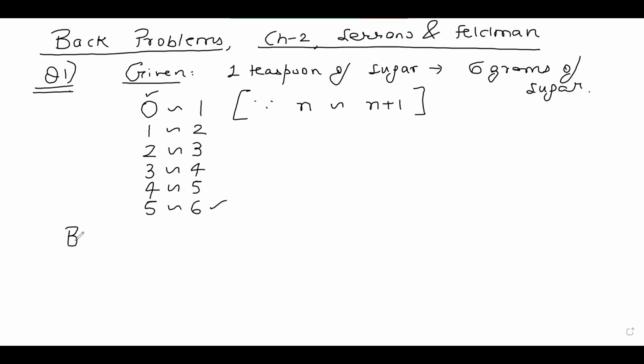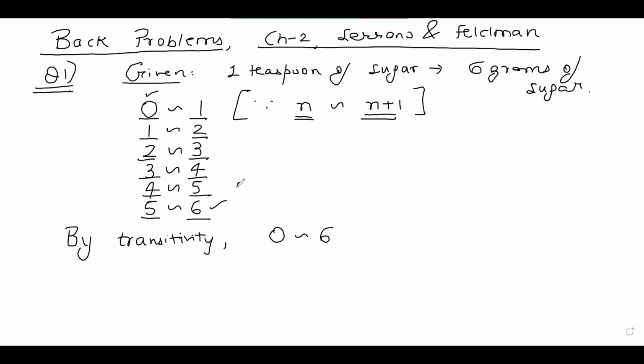So by transitivity, the consumer should be indifferent between 0 and 6 grams. We are given that the consumer is indifferent between n grams and n plus 1 grams. That means the consumer is indifferent between 0 and 1, 1 and 2, 2 and 3, 3 and 4, 4 and 5, 5 and 6.